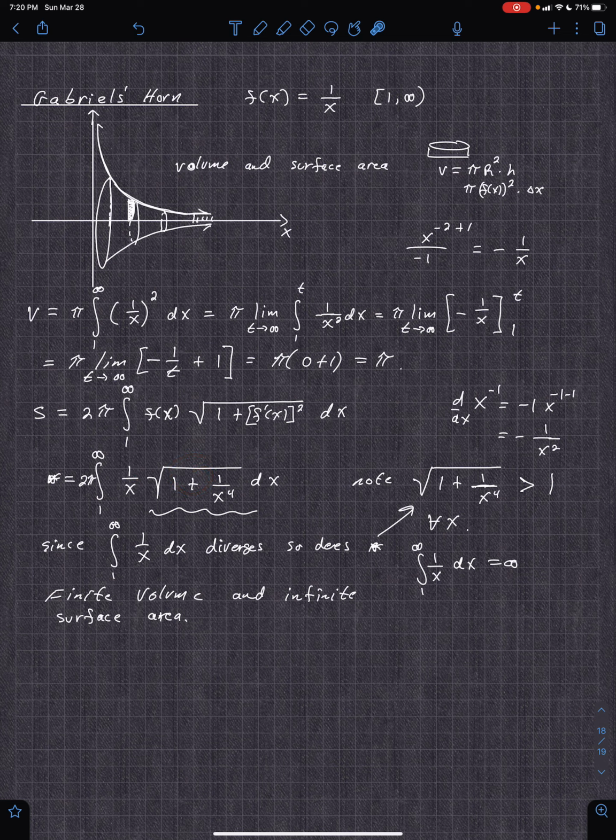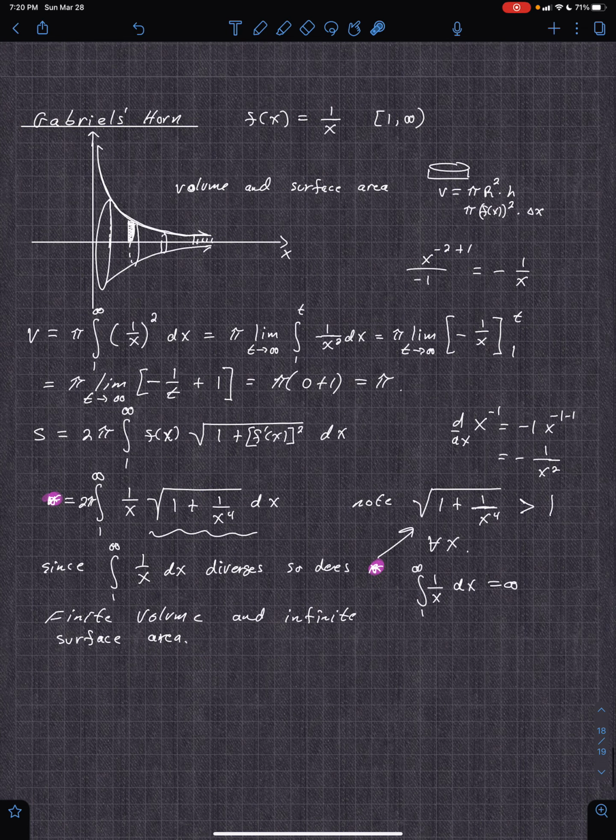So since this diverges, the whole thing must diverge. Since 1 over x diverges, then this must diverge. Therefore, you have infinite surface area. So you have finite volume inside, but infinite surface area. Crazy result. This infinity stuff just starts blowing your mind away. It's quite a trip.